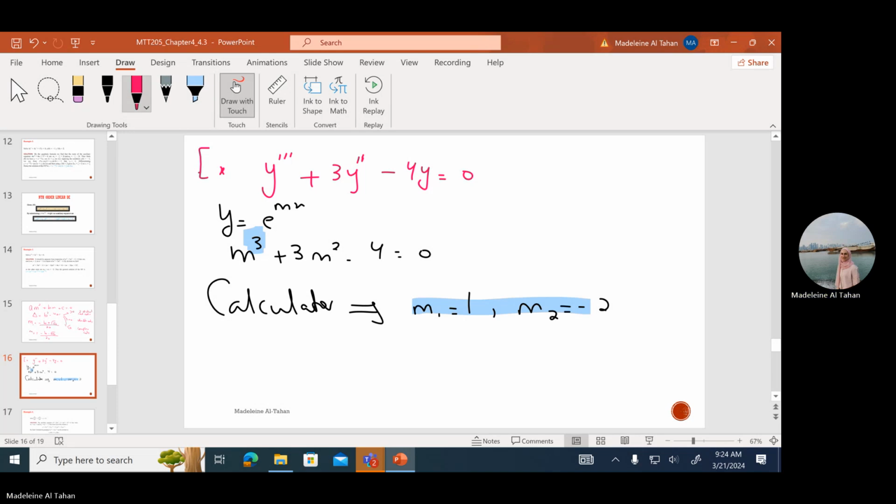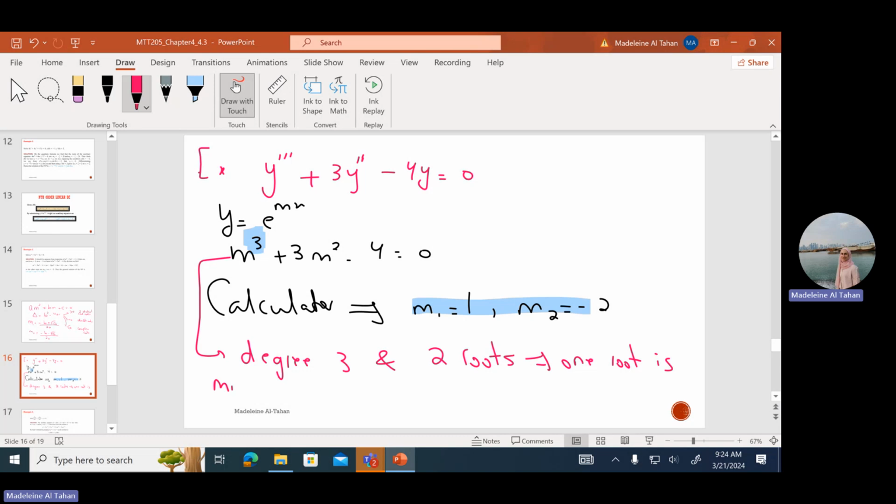Any idea? One root is missing. One of the roots occurs twice.